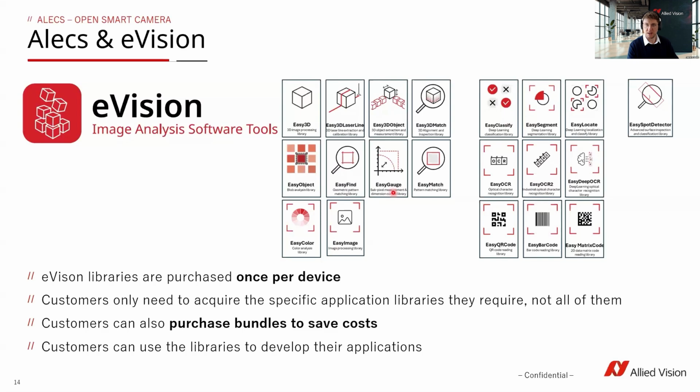So these are several libraries which have a subset of tools which you can combine in the previously shown graph. And for sure, you just need to purchase one library per device. So it's not necessary to buy the entire software suite just for one application. So you choose what you want.